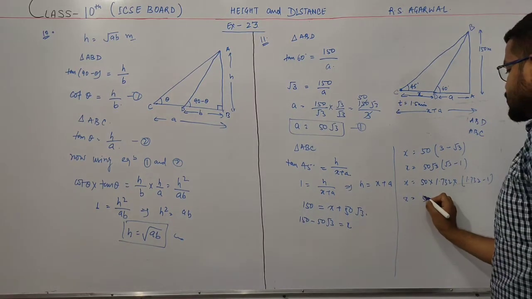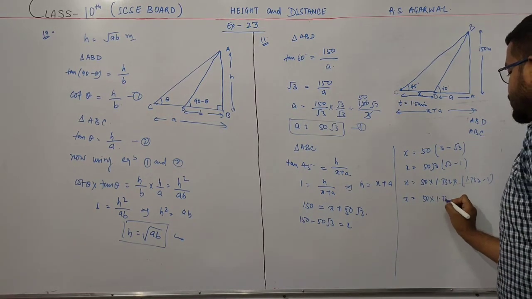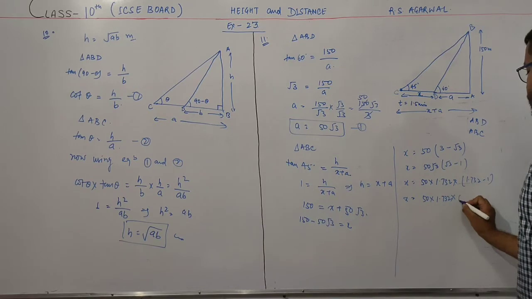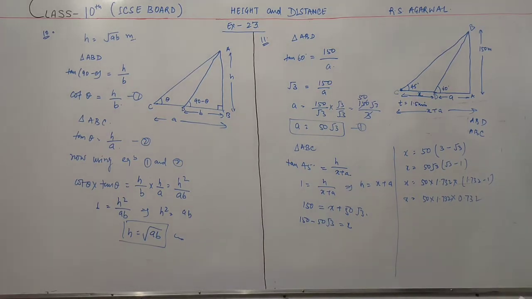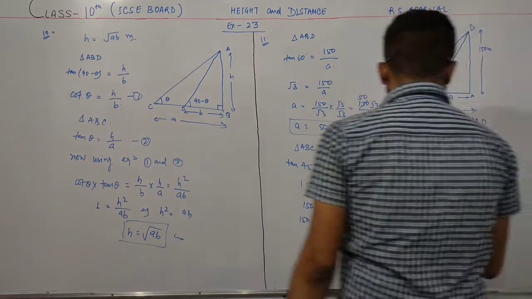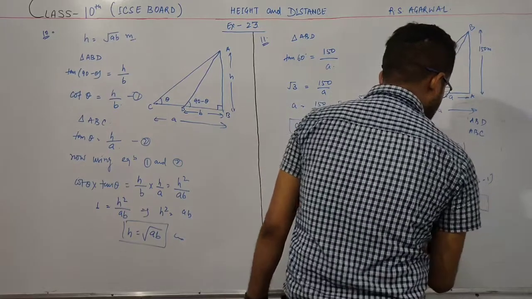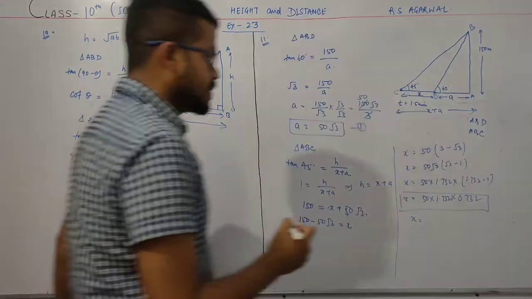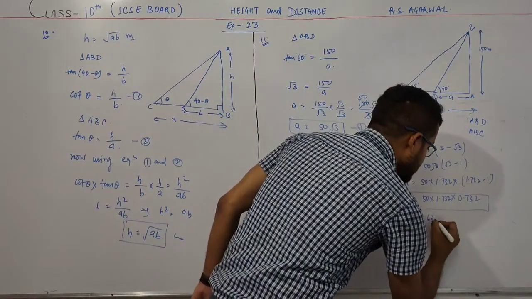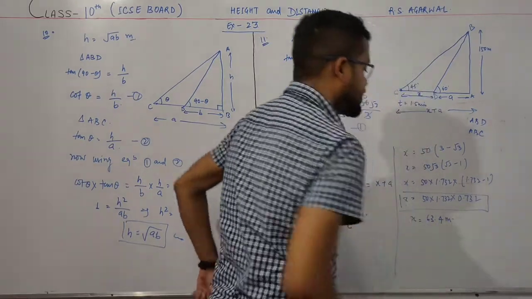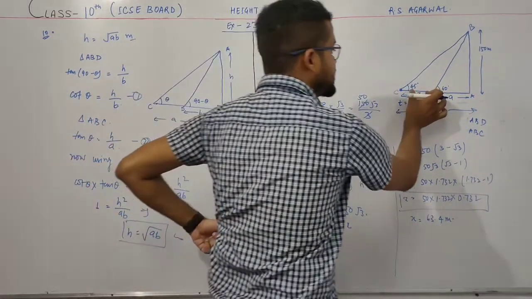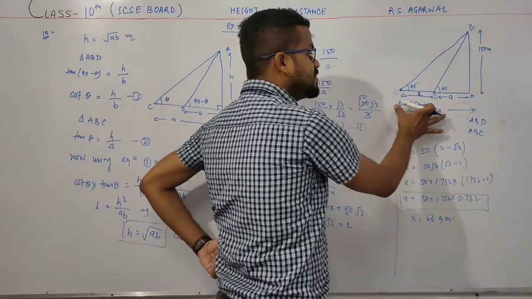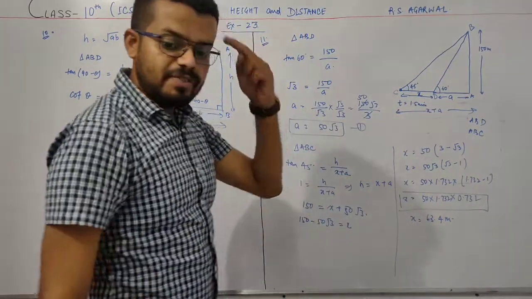So x is equal to 50 into 1.732 into 0.732. After multiplication you get x is equal to 63.4 meters. Now this is the distance x, and here the time is given, t is equal to 1.5 minutes.